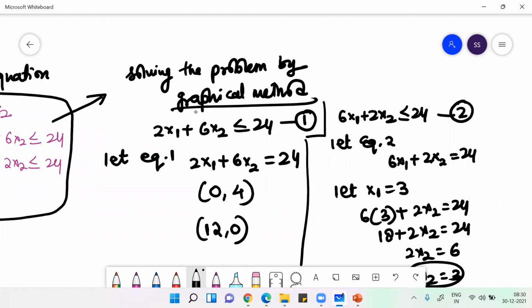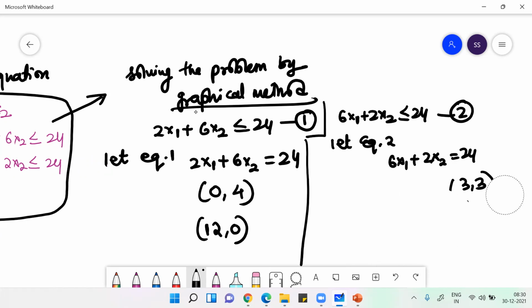Then I'll get the point 3 comma 3. You can assume anything, you don't have to assume what I'm assuming. I'm assuming x1 is 0, x2 is equal to 12, and x2 is 0, x1 is equal to 4. You can assume anything, and you will get the corresponding value of the other variable. Ultimately, you need to plot the graph based on these coordinates. You're getting me right, everyone?